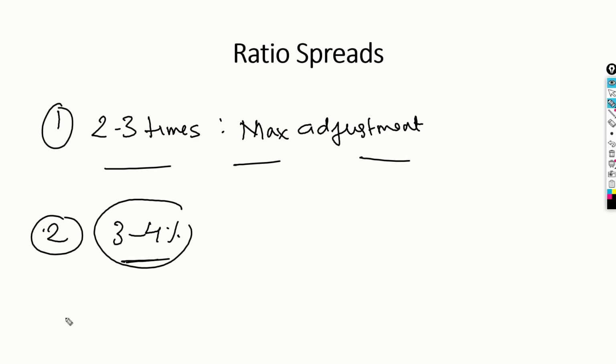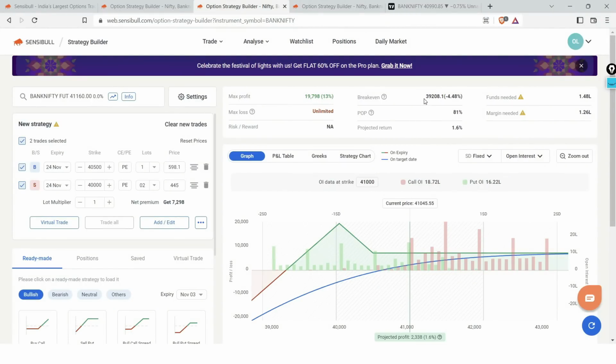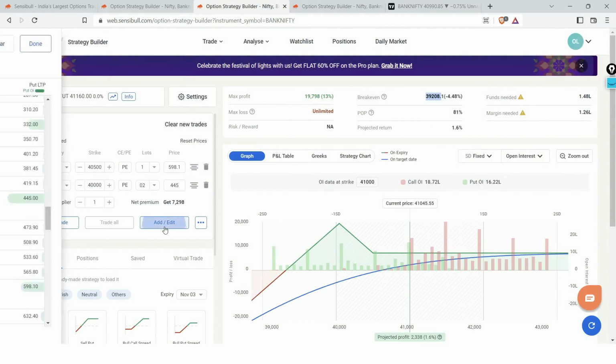And the third one is you can also end up hedging it with weekly far OTM put options so that you get margin benefit first, and second, you're always protected against a black swan event. Even though there is a 10%, 20% gap down, you will always be protected if you simply go and buy a 39,200 put option weekly.